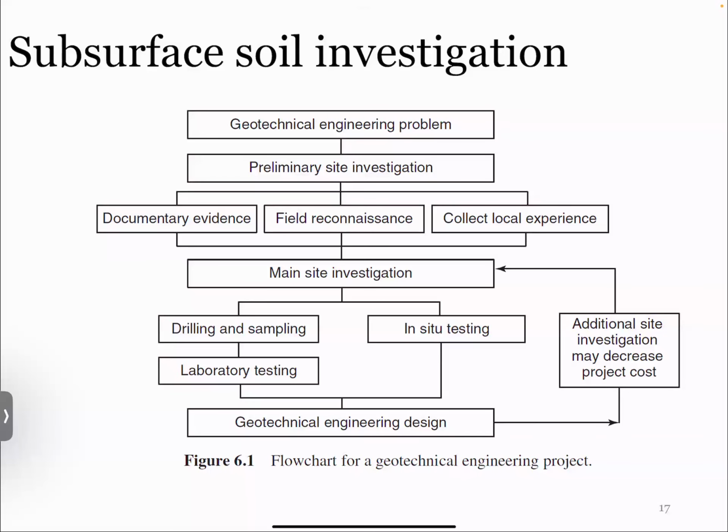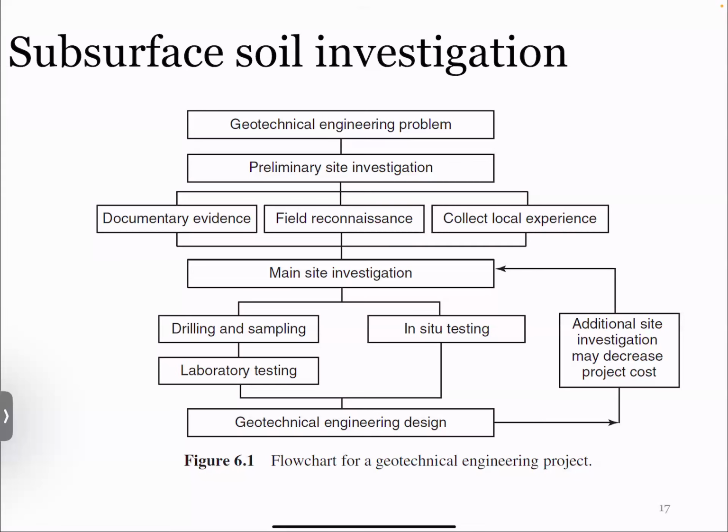So all that to say, this is the general flow chart of subsurface soil investigation. We first have the geotechnical engineering problem, then our preliminary site investigation, which tells us where the wetlands are and where the potential soil types are. Then this is where you do the due diligence side: documentary evidence, field reconnaissance, local experience.